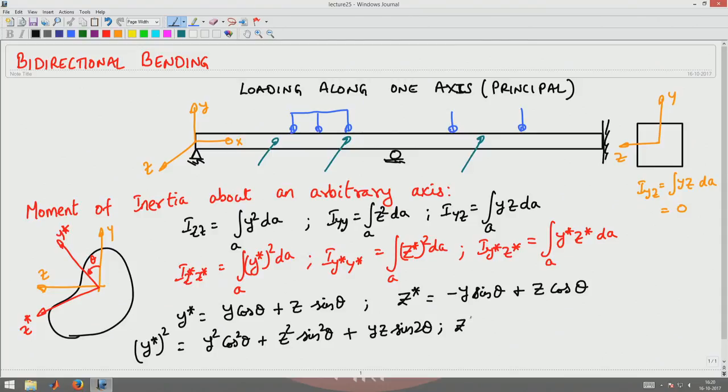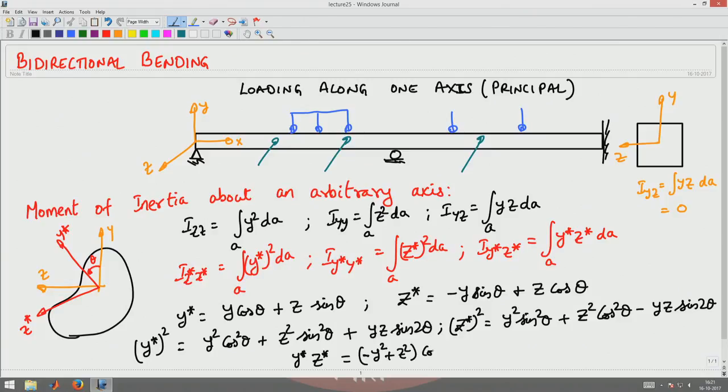And similarly I get z star squared as y square sin square theta plus z square cos square theta minus yz sin 2 theta, and y star z star would be (z square minus y square) cos theta sin theta plus yz (cos square theta minus sin square theta).